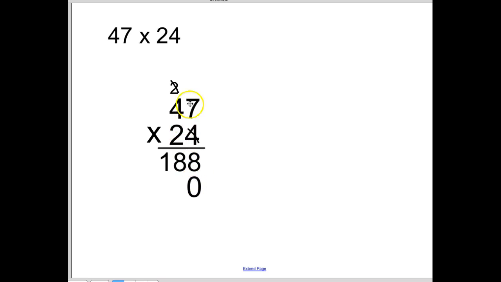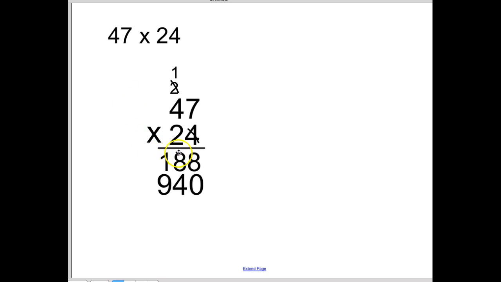Then I just do 2 times 47 and put it next to the 0. So 2 times 7 is 14, 4 goes down, the 1 goes up here. Then I have 2 times 4, which is 8, plus 1 is 9, making it 940.